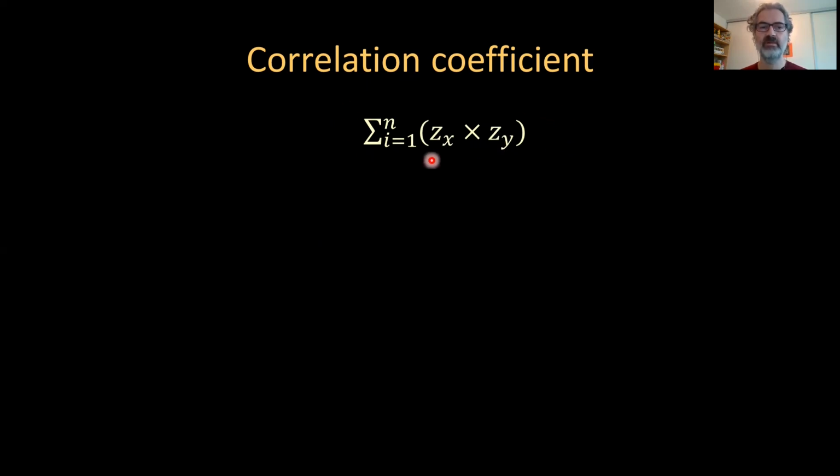And so this is the sum of the products of the standard scores, and we normalize this by dividing by n minus 1 to get a sort of average.